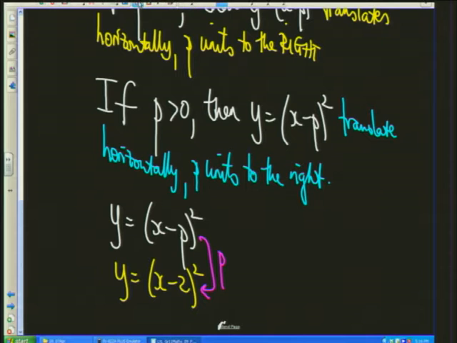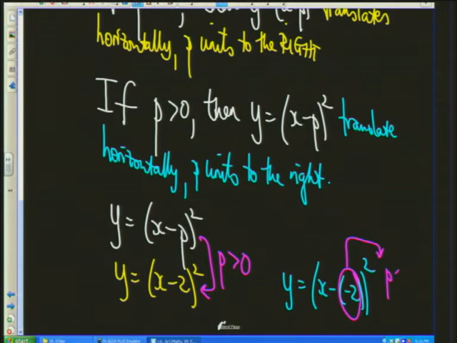P is positive, whereas in this case over here, where y equals x minus negative 2 squared, this is one where p is negative.